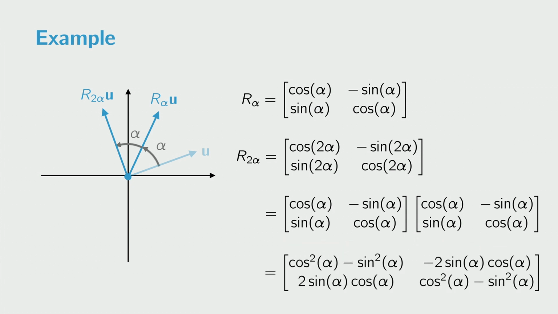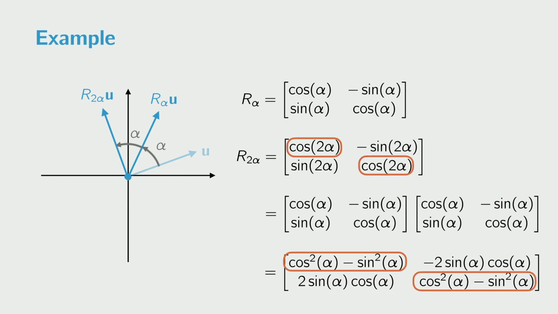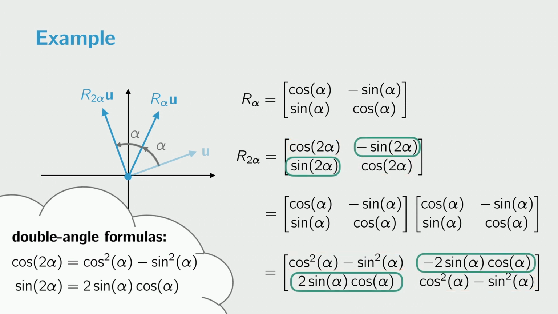Check it yourself. Now these two matrices should be equal. Are they? Look at the diagonal elements. If you recall the double angle formula for the cosine, you see that the diagonal elements are indeed equal. Similarly, the off-diagonal elements are equal by the double angle formula for the sine.